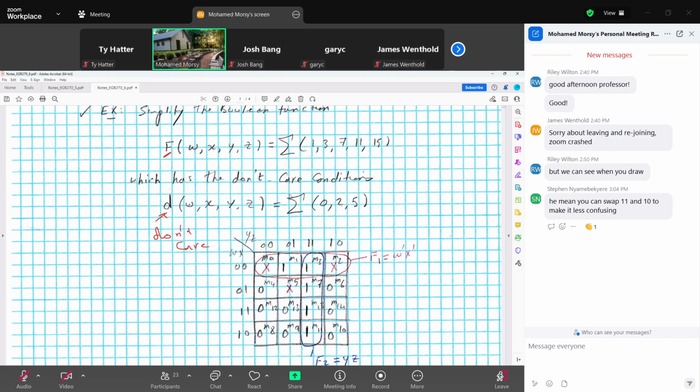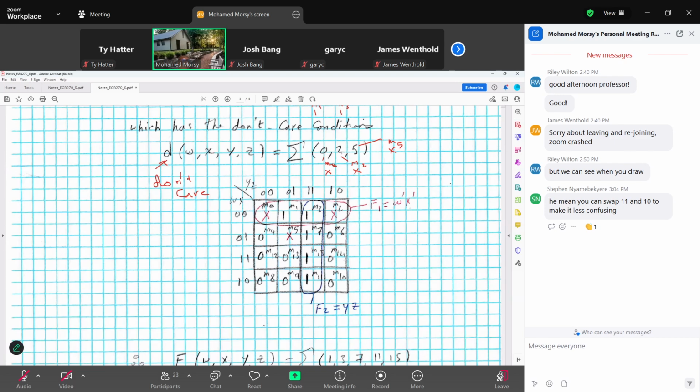So don't care for minterms M0, M2, and M5. At M0 you put X, at M2 you put X, at M5 you put X. But at F, this is M1, M3, and so on, you put 1, 1, and so on.